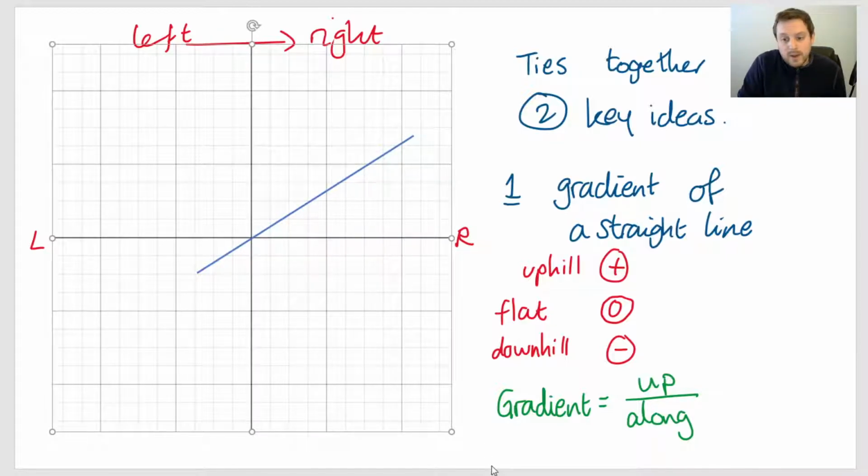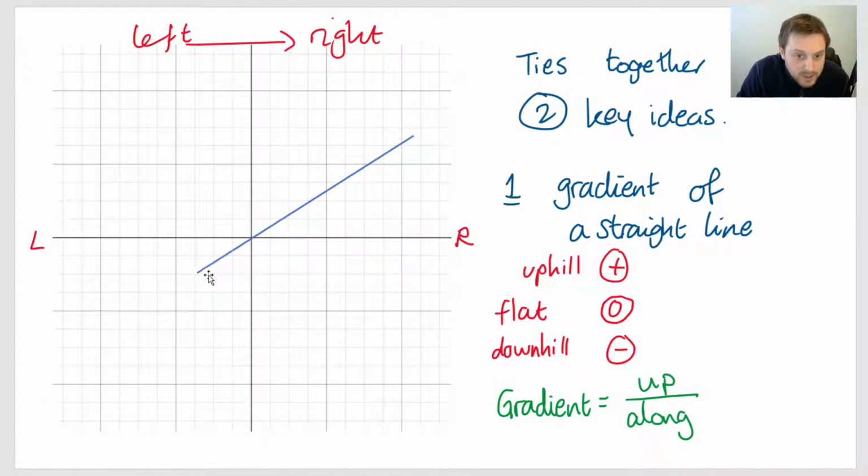Okay, so let's bring this back to where it was, or around about where it was. So the question is, okay, what's this one? Well, this one goes 1 along and we're not quite sure how far up, or 2 along and we're not quite sure how far up. 3 along and 2 up. Oh, great. So as soon as you get some coordinates where it actually crosses at nice places, you can use this formula pretty straightforwardly, okay? So for example, let's say I start here and I go 3 along and then I go 2 up.